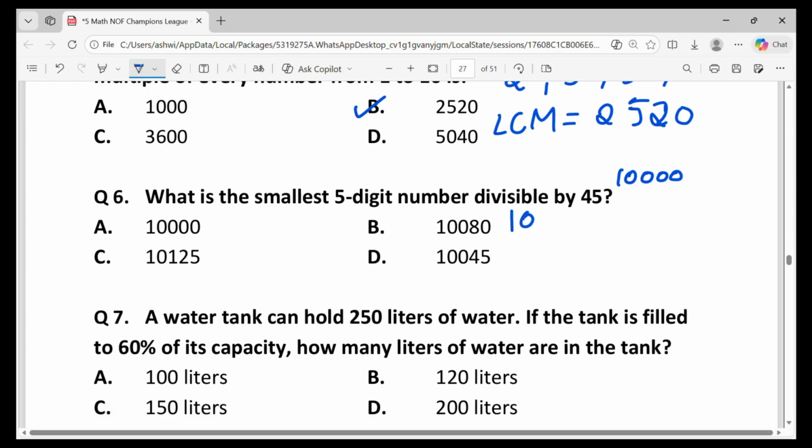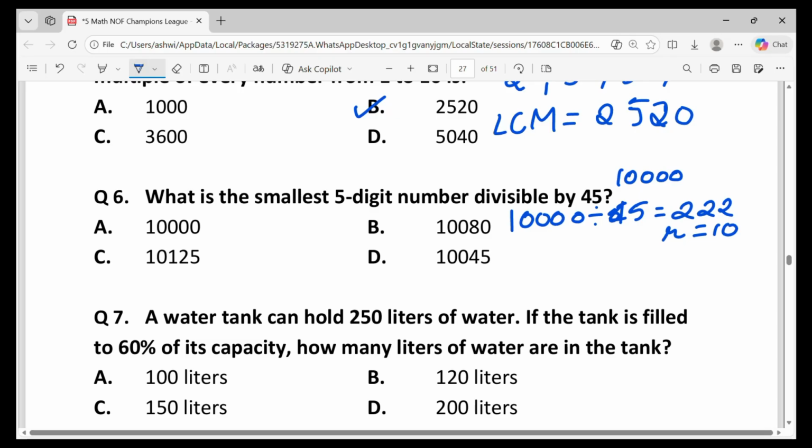Dividing 10,000 by 45, we get 222 with a remainder of 10. To find the next number divisible by 45, subtract the remainder from the divisor and add it to the original number.